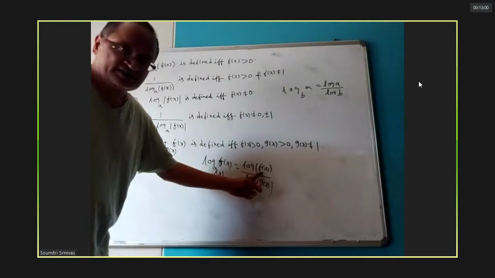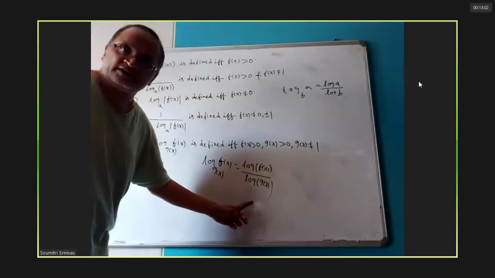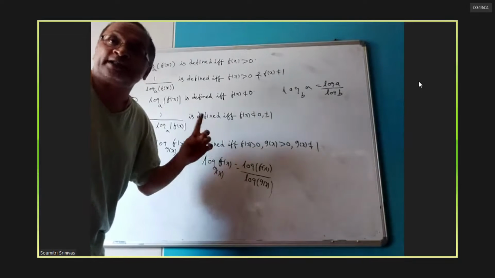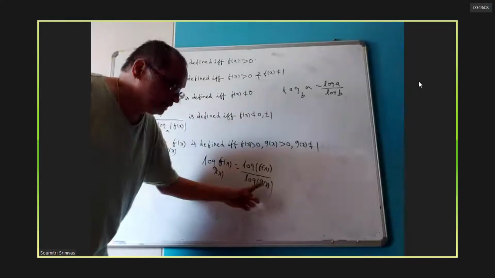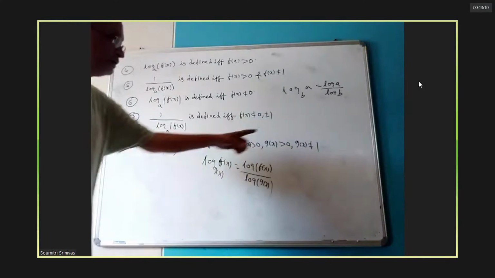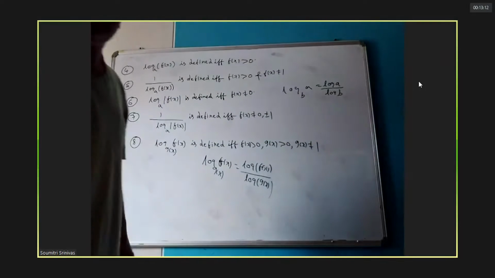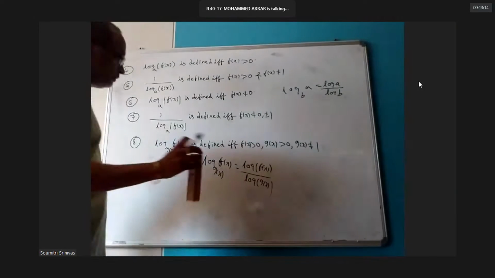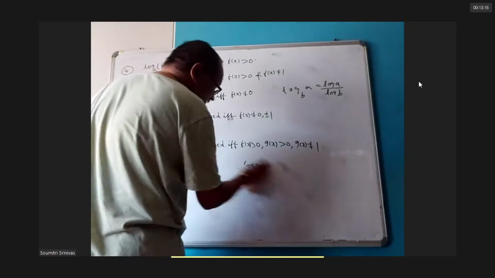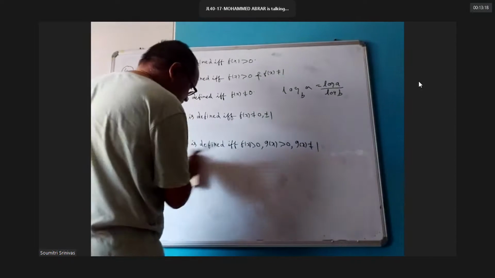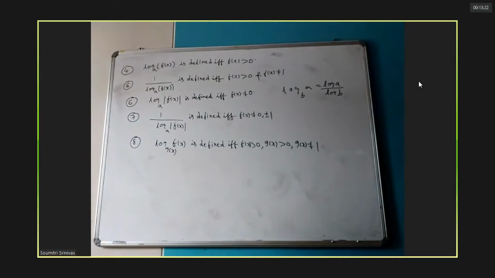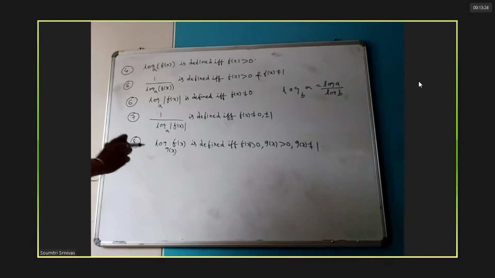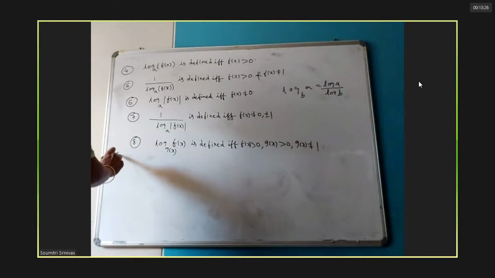Therefore, f of x greater than 0, g of x greater than 0. What is the only trouble we have? When g of x is 1, log 1 will be 0. Hence, we make g of x not equal to 1. Is that correct? Yes, sir, correct. Okay, copy them. Some small examples.